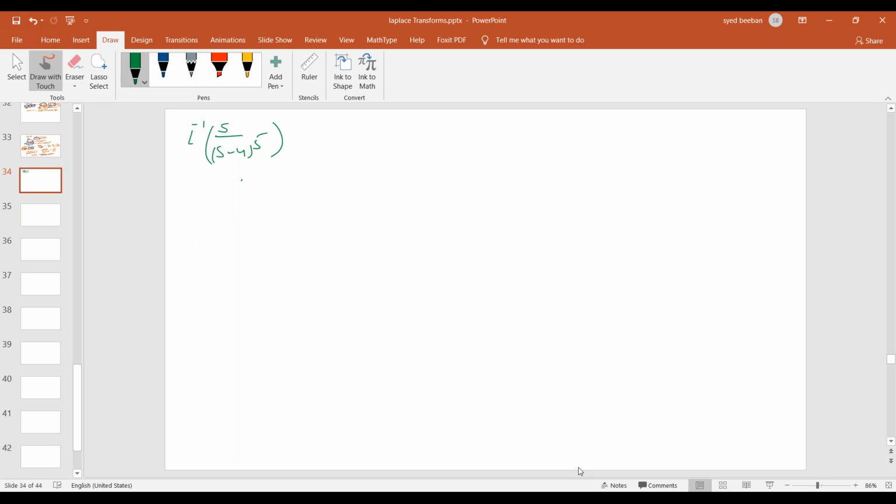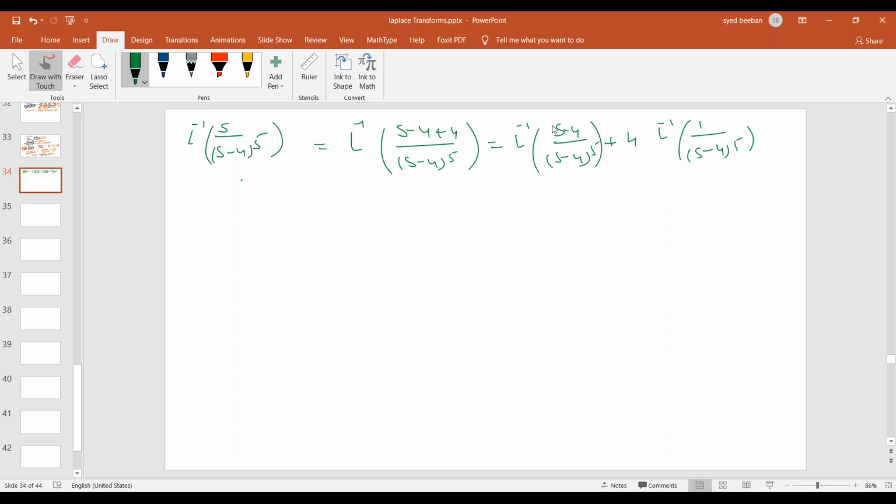Now, which is equals to L inverse of, the denominator is s minus 4, so s minus 4 plus 4 by s minus 4 whole power 5, which is equal to L inverse of s minus 4 by s minus 4 whole power 5 plus 4 times L inverse of 1 by s minus 4 whole power 5.